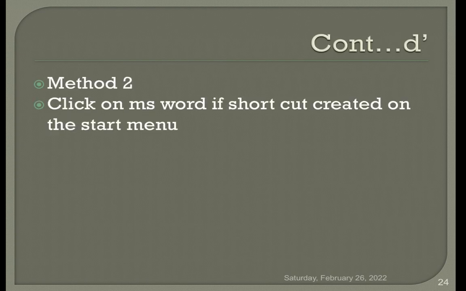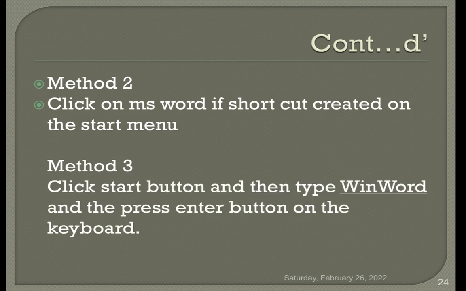Method 2, you can click on MS Word if the shortcut is created on the start menu. Then method 3, where you click on the start button, type the word winword and press enter on the keyboard. I want to recommend the third one, because the first and second are easier for everyone.